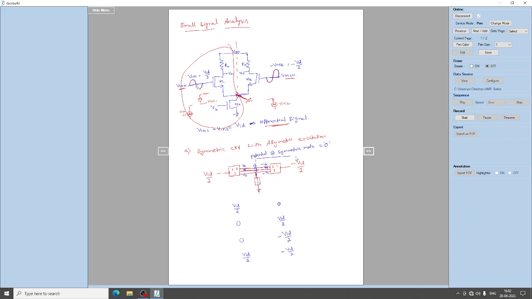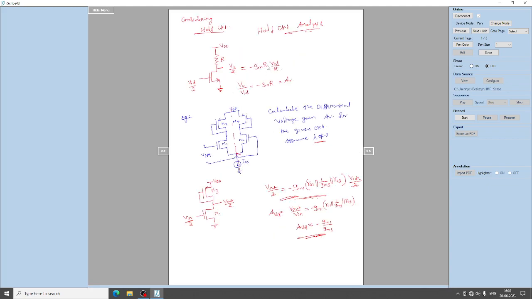So this is the symmetric circuit we have analyzed. Considering the potential at the symmetric node to be 0, we have assumed transistors M1 and M2 are the same, and the RD and RD are the same, and this is the node in between these two branches or two amplifiers. So considering the potential at this node to be 0, we analyze it as a half circuit analysis, like in a common source amplifier.